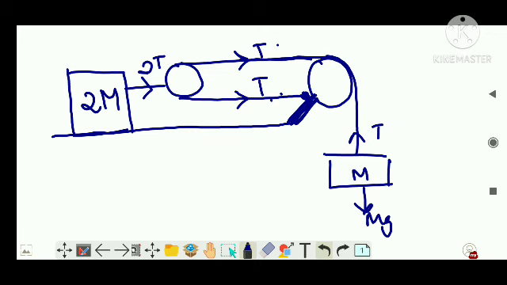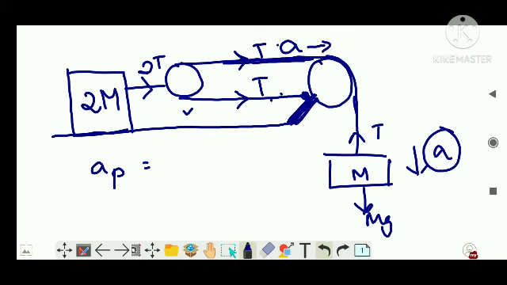Now let's say this mass m is moving down with an acceleration a. For the pulley, let's say the acceleration of the pulley is ap. This acceleration is a, and since the string is a continuation, it will be the acceleration in this direction.